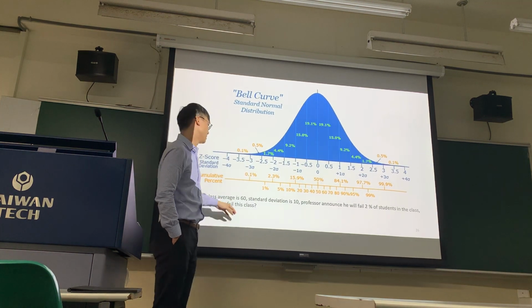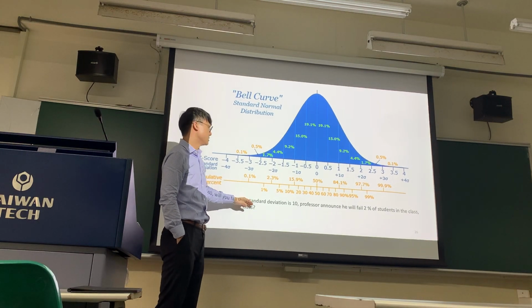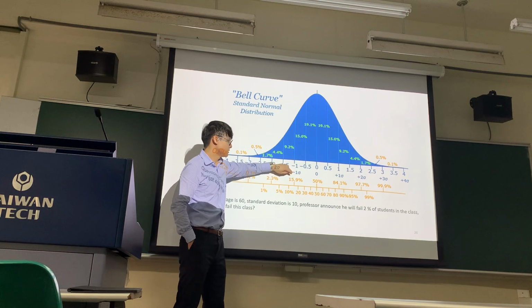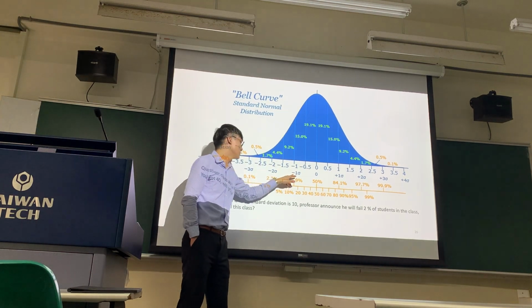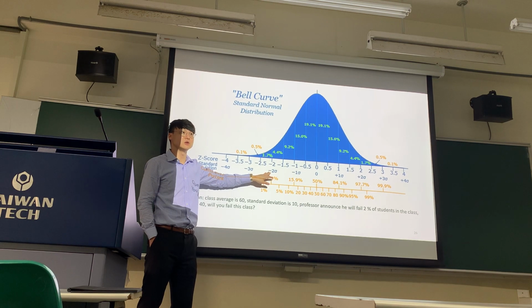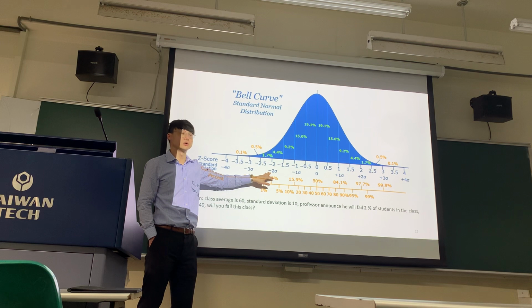And the standard deviation is 10. So the first standard deviation, right, over here, and move on to the second standard deviation. The second deviation means that you deduct 20, so it's over here, but the second deviation is 40, right? 40.